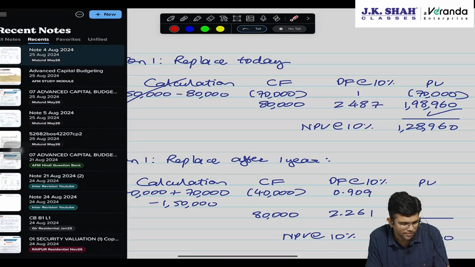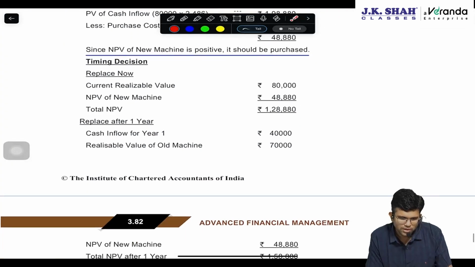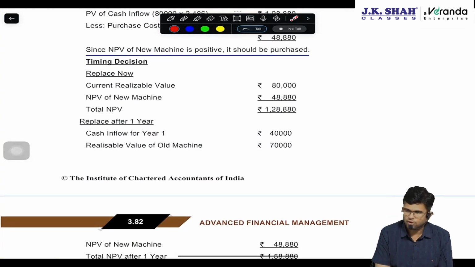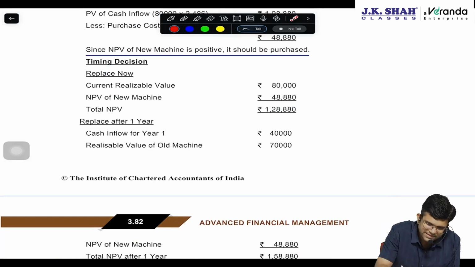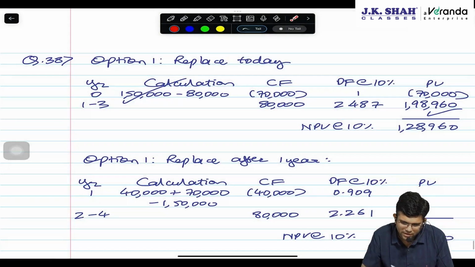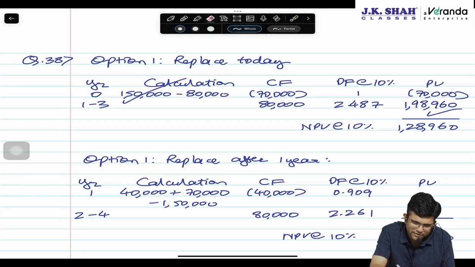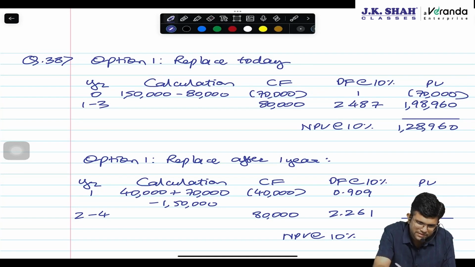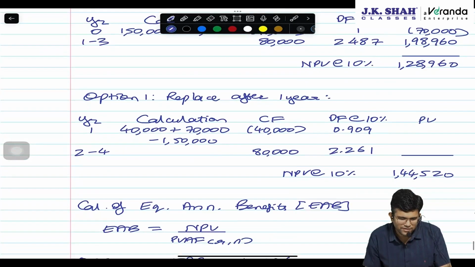Everybody clear? Now, timing decision: replace now. So students, if I replace now, NPV comes to 128,880. 128,960, that is a rounding difference. Okay, 128,960.